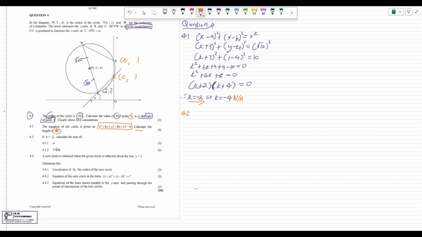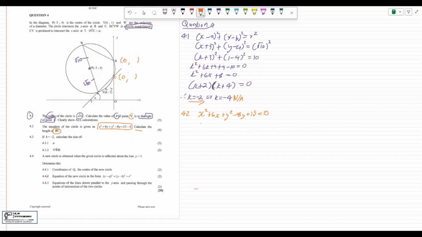These are points on the circle, so I can use my equation that has been given to me, which is x squared plus 6x plus y squared minus 8y plus 15 is equal to 0. Okay, so I know that on the circle here at B and at C, the x value there is 0, right?